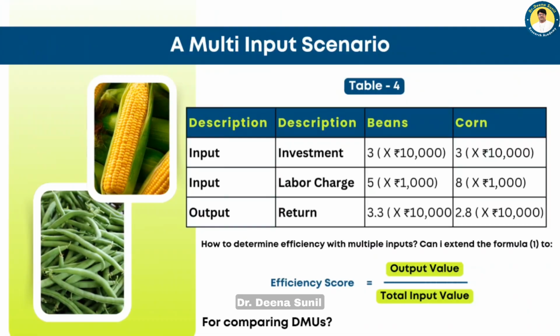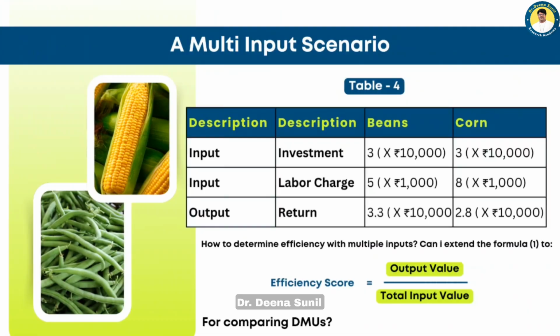A return of 3.3 is there for beans, and 2.8 in return for corn. The type is currency, unit is 10,000.